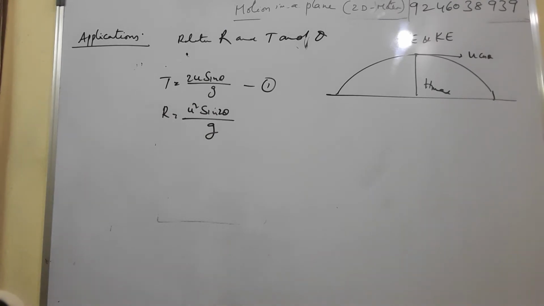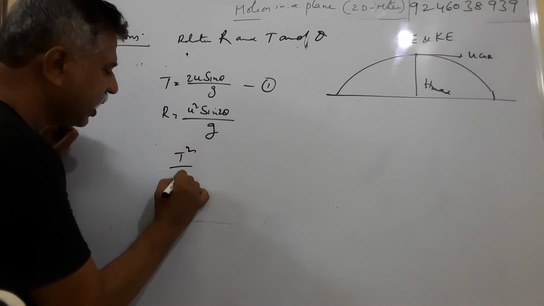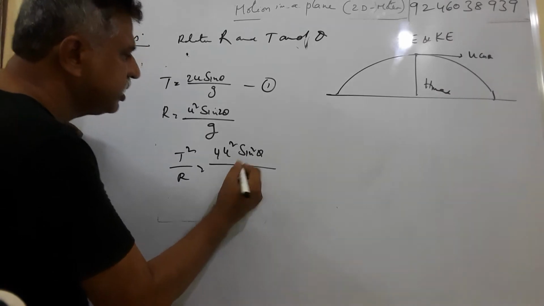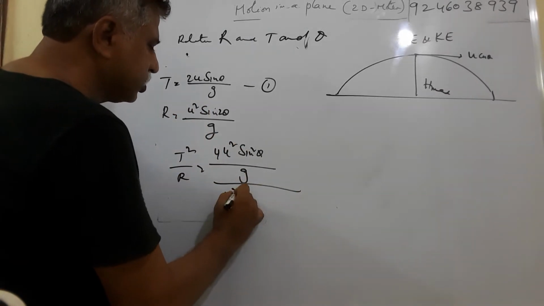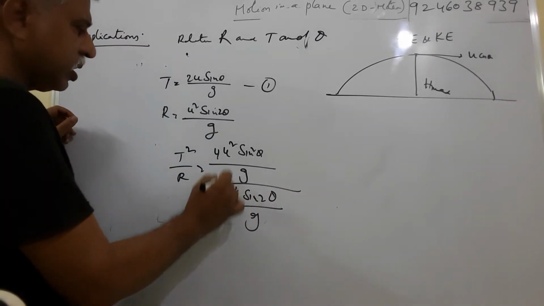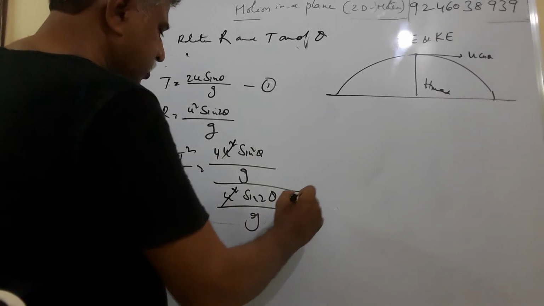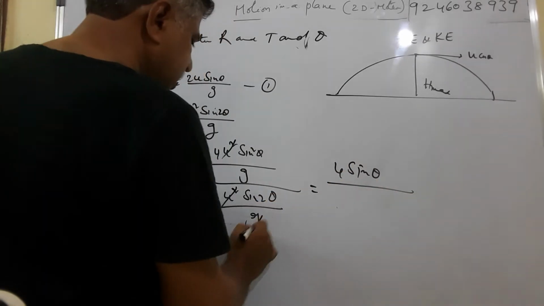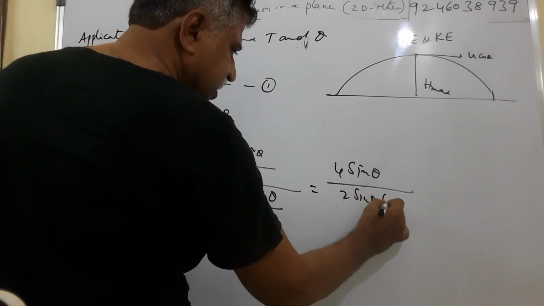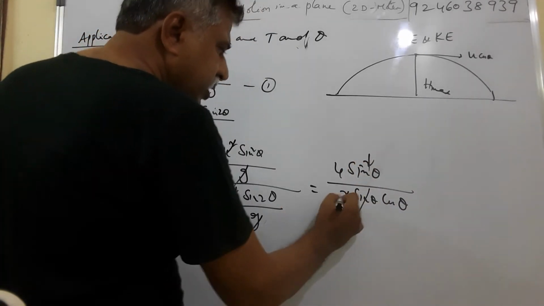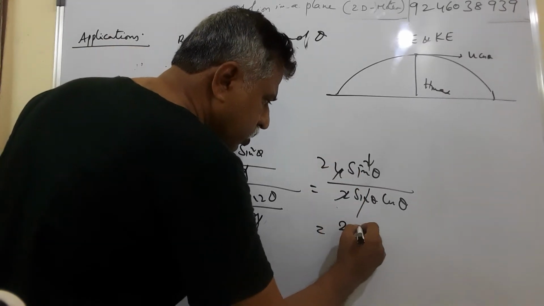Now we square equation 1 and divide by equation 2. T square by R we write 4 u square sin square theta by g square, divided by u square sin 2 theta by g. u square cancels, one g cancels. 4 sin square theta by 2 sin theta cos theta, that is sin 2 theta. Sin theta cancels. It becomes 2 tan theta.